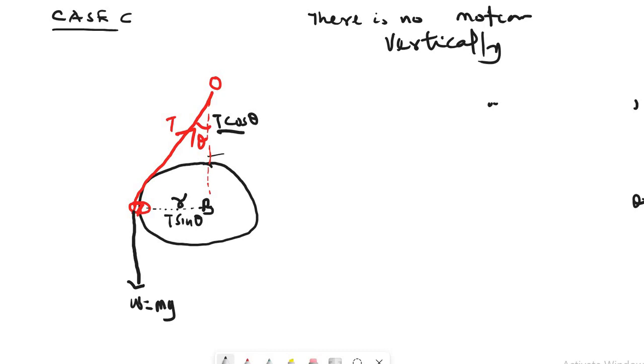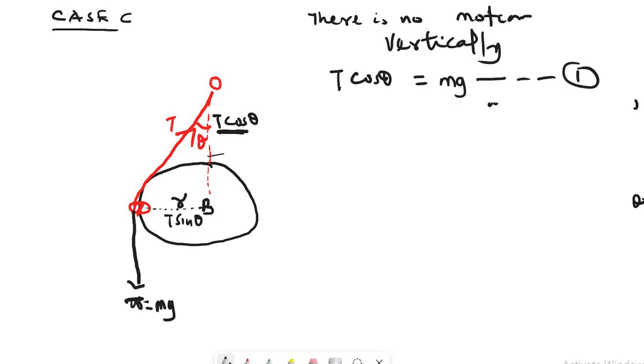The vertical forces are T cos theta and mg. So T cos theta should be equal to mg, because there is no motion vertically.